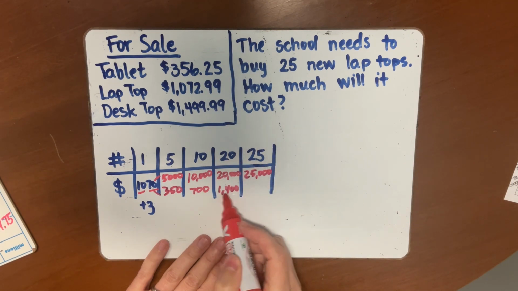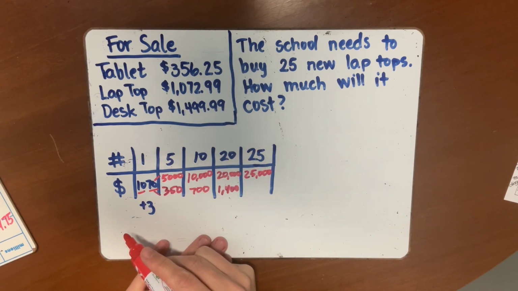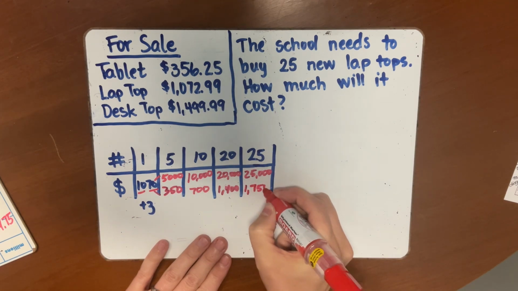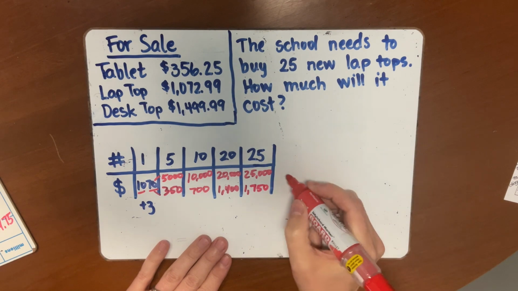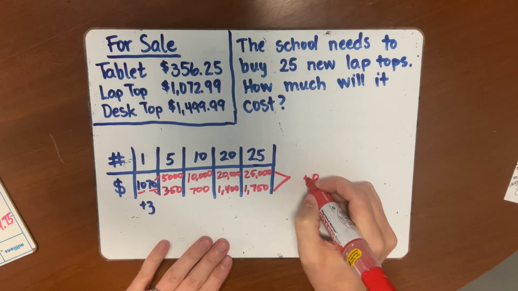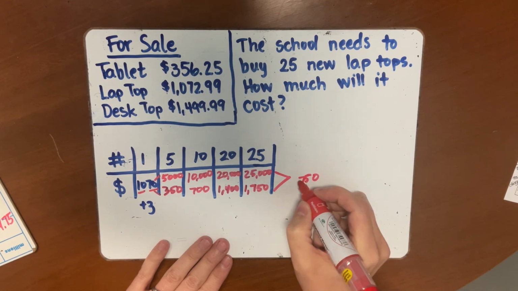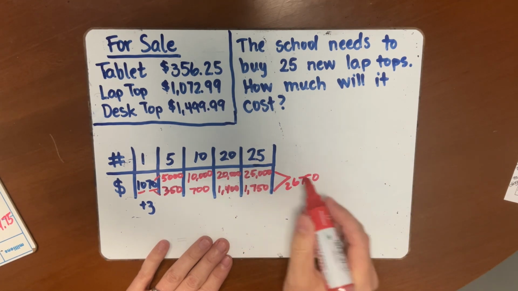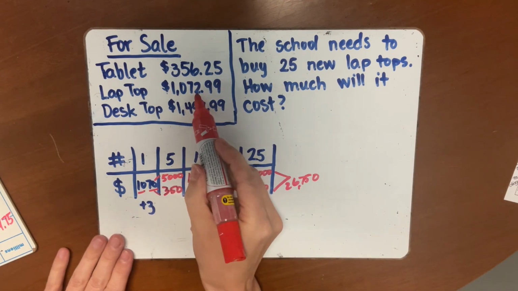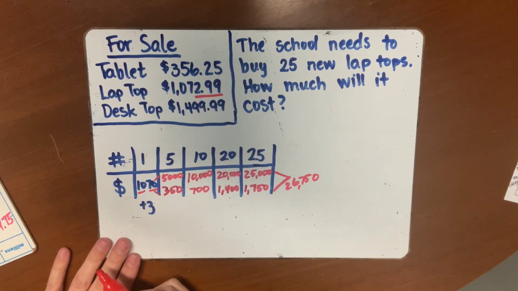And this one was 1,400 and 350. That would be 1,750. Okay, and if I put these together, I would have 26,750, but I still have this extra $3 because I changed this a little bit.